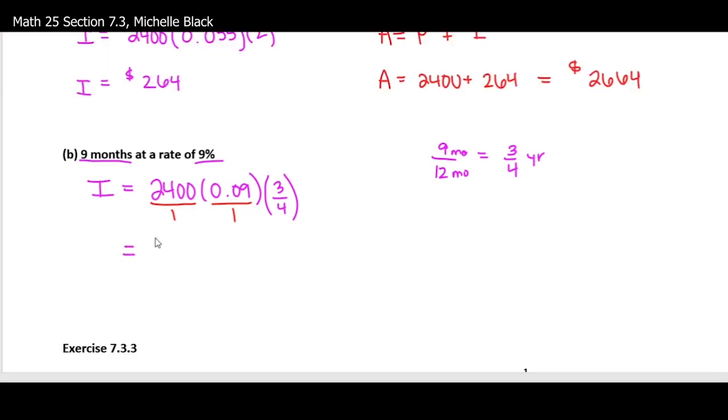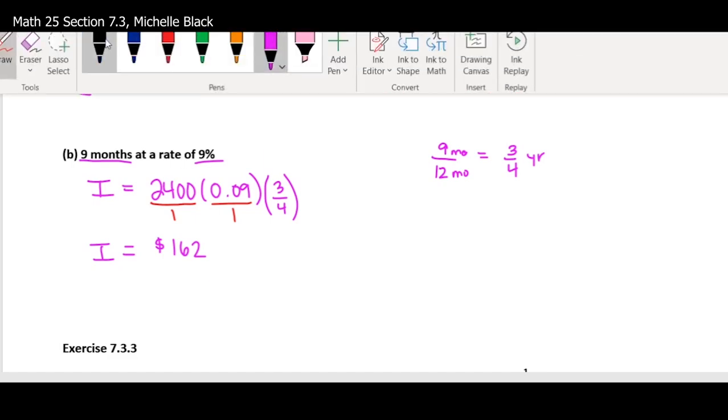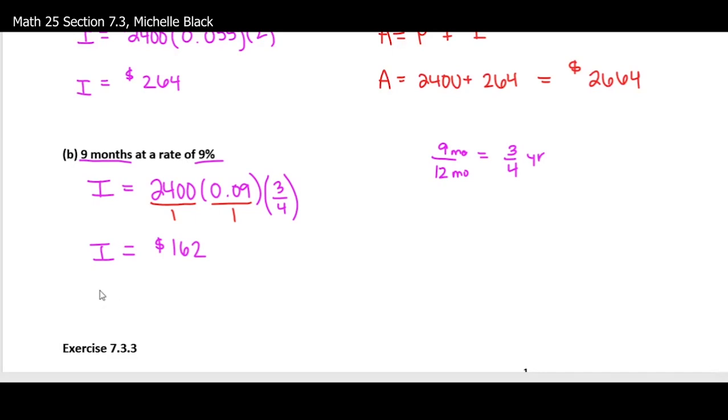And if you put that into your calculator, you should end up with your interest being $162. If you didn't get 162, try to type it into your calculator differently, or maybe you're missing some sort of a parenthesis somewhere. If you wanted to write it all in one step, you could do parentheses 2400 times 0.09 times 3, close parentheses, divided by 4, and that should give you back the 162.